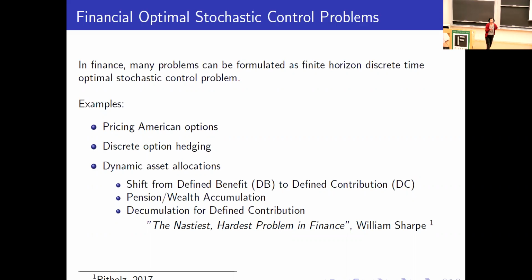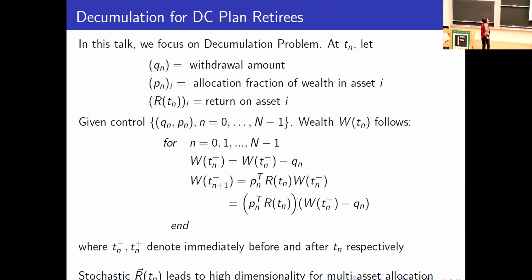William Sharpe called this decumulation problem the nastiest, hardest problem in finance. Let's see whether that is true. Okay, so here is our decumulation problem. In this context, essentially, we have a large portfolio.